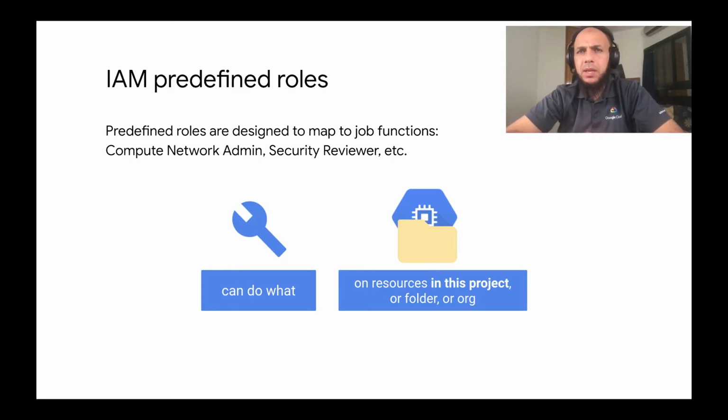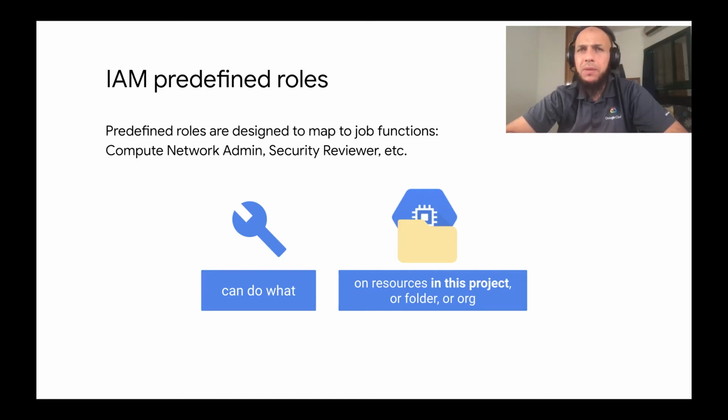Predefined roles. We said those primitive or basic roles are very dangerous because they give access to everything. Now, with the implementation of what we call the principle of least privilege, what we want to do from a best practices perspective is give just the right permissions to somebody to do their own job, and that's it.